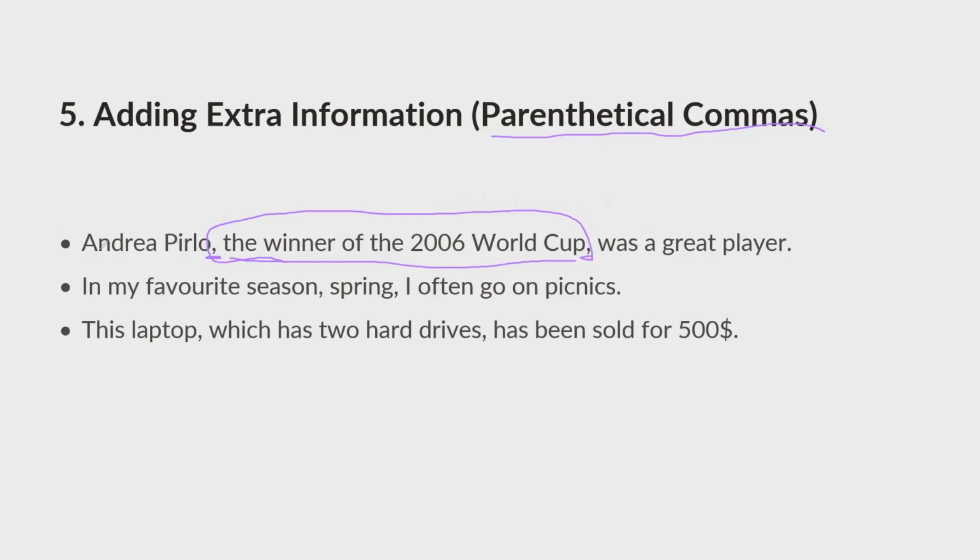For example, Andrea Pirlo, the winner of the 2006 World Cup, was a great player. So even if you remove this extra information, the meaning of the sentence is the same. It's only extra. Let's check the next example. In my favorite season, spring, you will see two commas, and the information that has been enclosed by commas is extra.